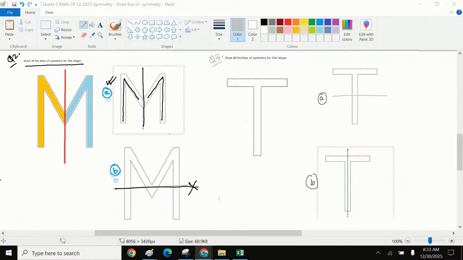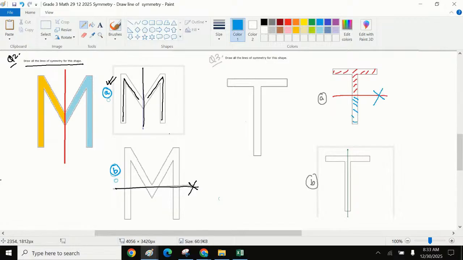Because this shape T has an upper side, right? It has a line at the top. It does not have a line at the bottom. So what we can see is if the line was a horizontal line, then this part of the shape does not look anything like this part of the shape, right?